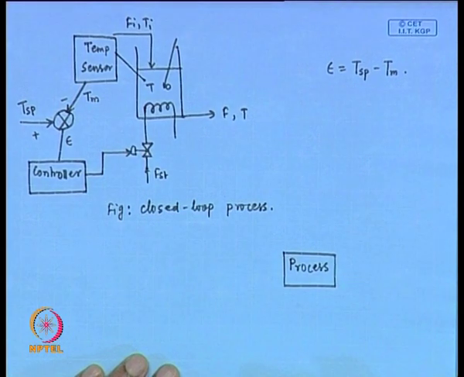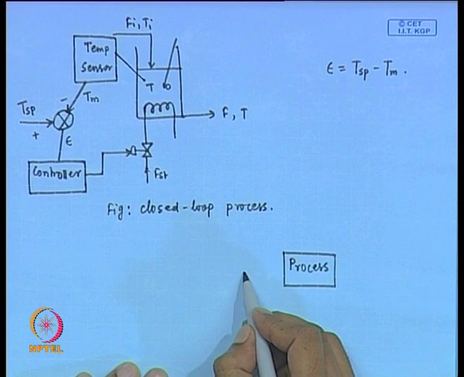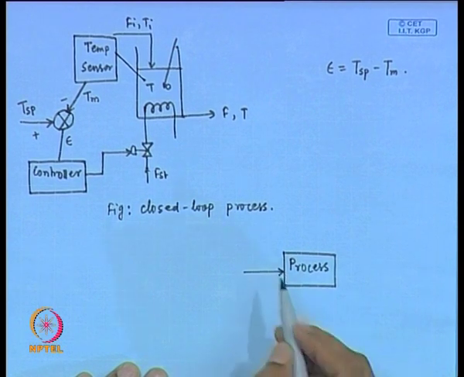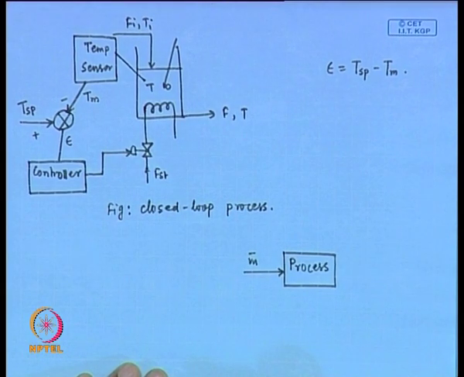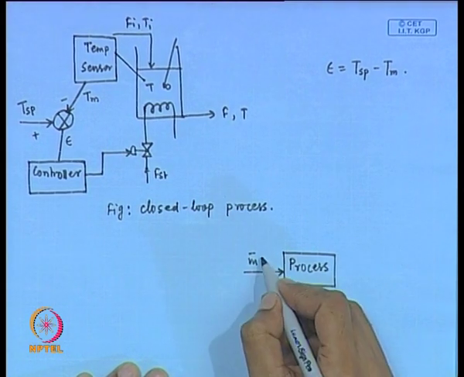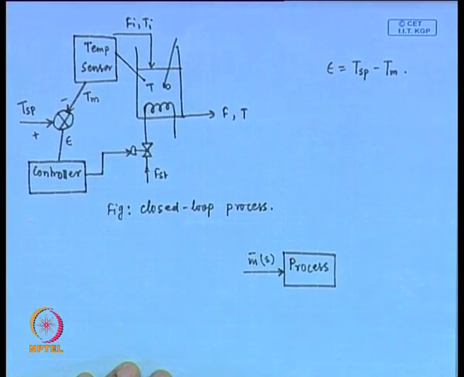This block is representing the process. Input to the process is represented by m bar s, that is nothing but the final control element output.